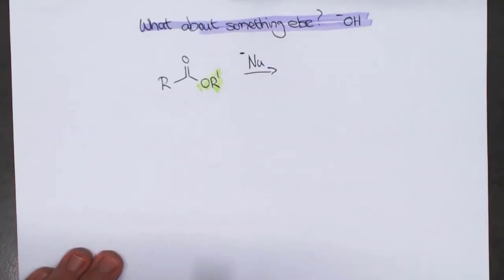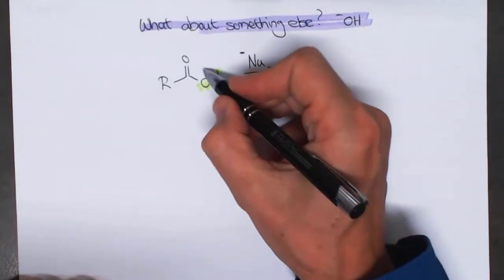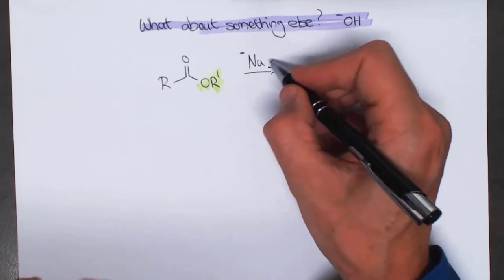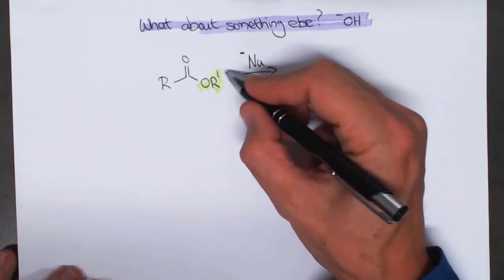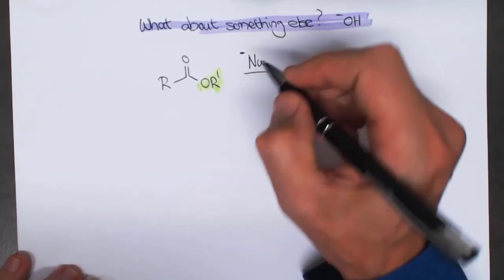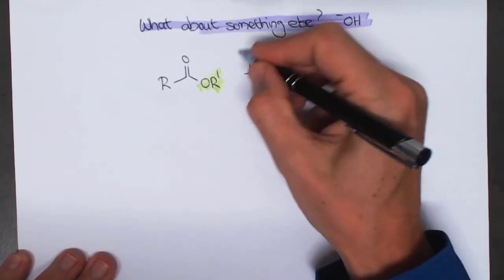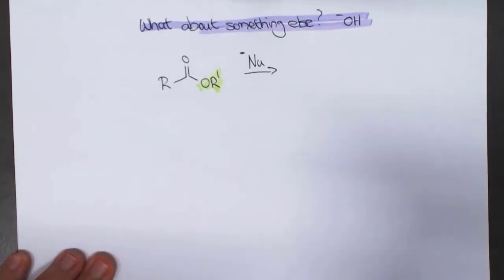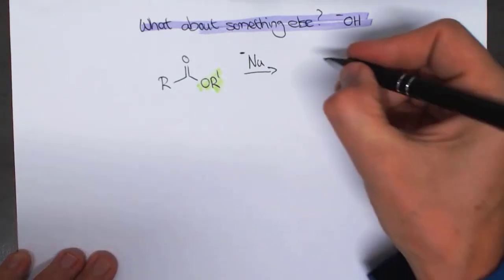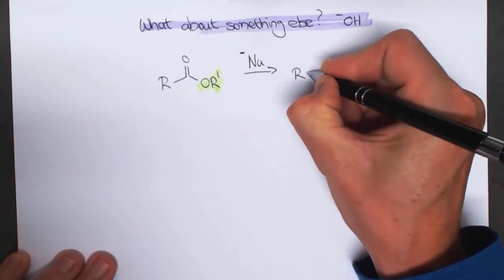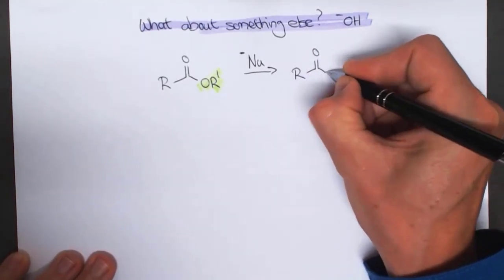We'll give it a negative charge on here because we need something stronger to react with an ester. Neutral molecules are a little bit challenging, not always, and we'll see an example now, but for now we'll just put a negative charge over there. And if we had something other than hydroxide, then what might occur in this reaction is we might get something as a product that looks like this.